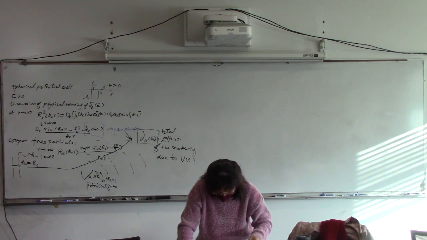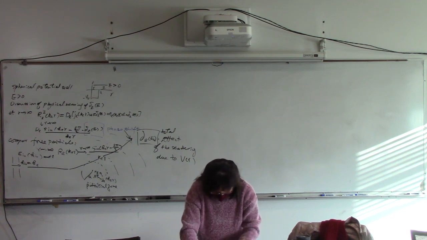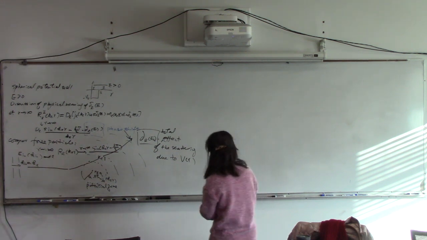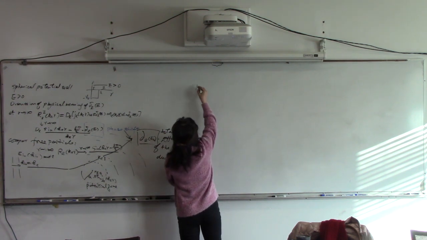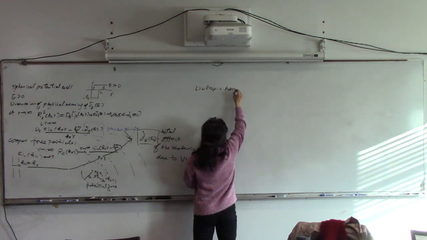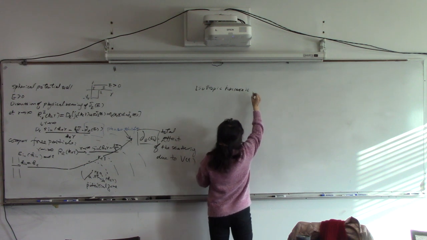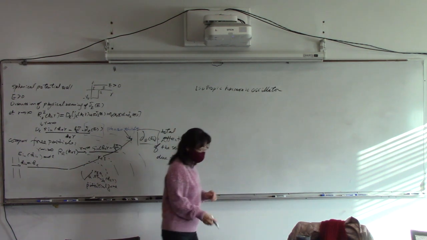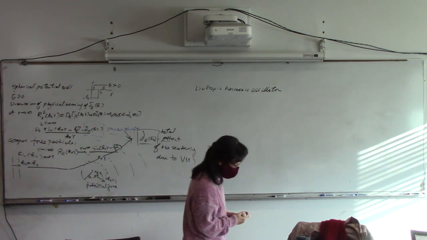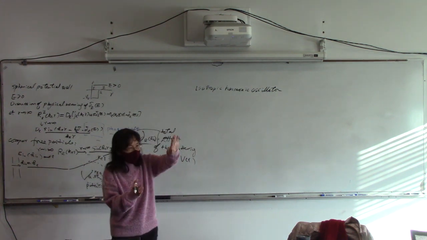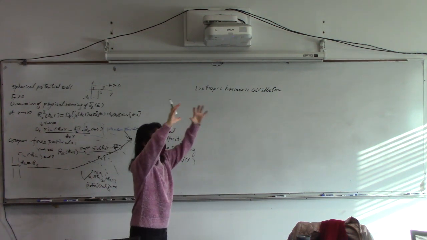All right, so this is the topic for the spherical potential wave. Now we go to another topic, the isotropic harmonic oscillator. Isotropic means no orientation dependence, like spherical symmetry.